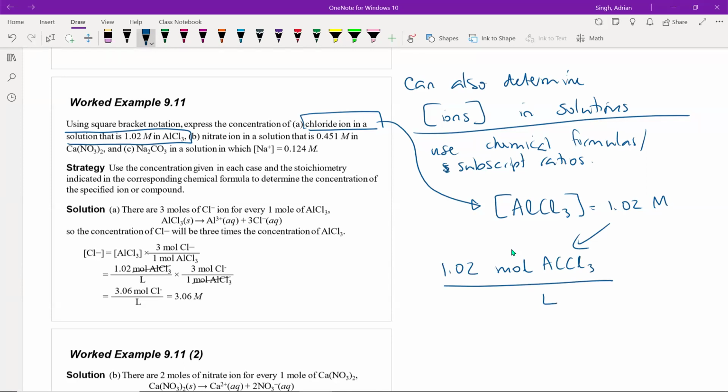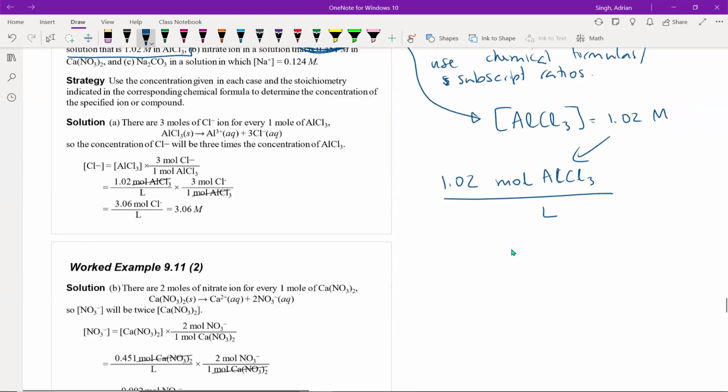All right, the question is not asking us for the aluminum chloride. It's asking us to determine the concentration of just the chloride ion, right? The chloride ion is the Cl minus. Well, what is it about the AlCl3 that is going to tell us the relationship between the chloride and this thing?